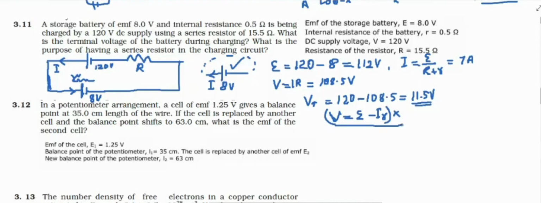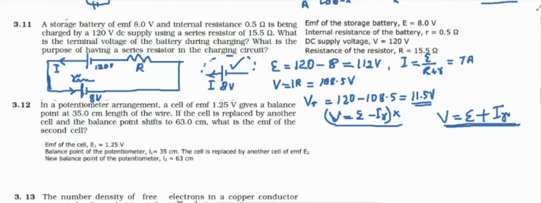Instead, you have to use the formula V is equal to epsilon plus Ir, because current is in the opposite direction. And if you use this formula, then also you will get the answer 11.5 volt. So understand the situation. This is the cell equation during the charging of a cell.